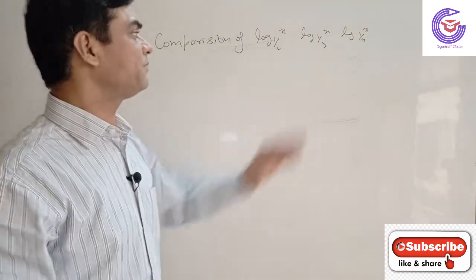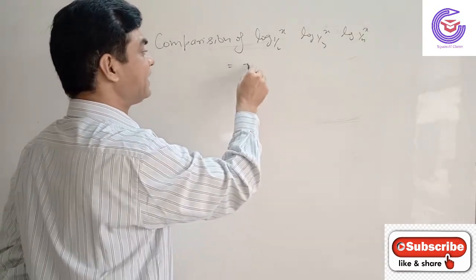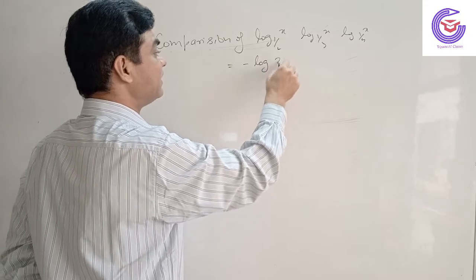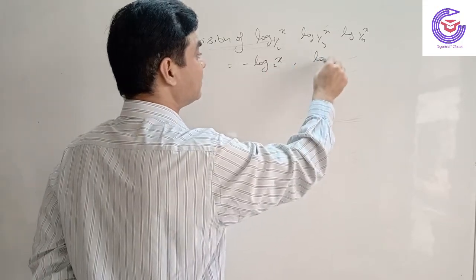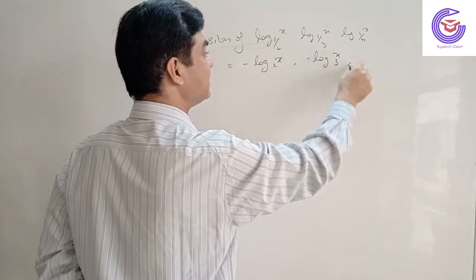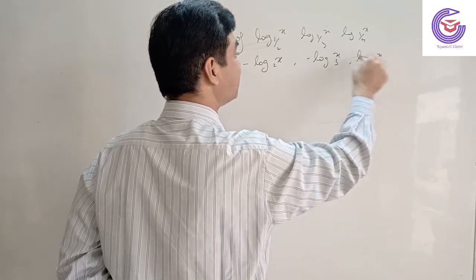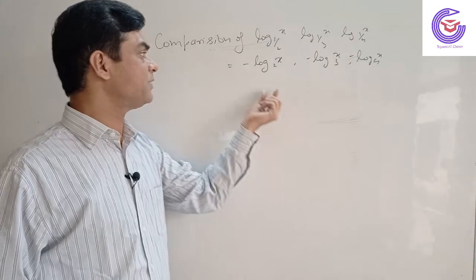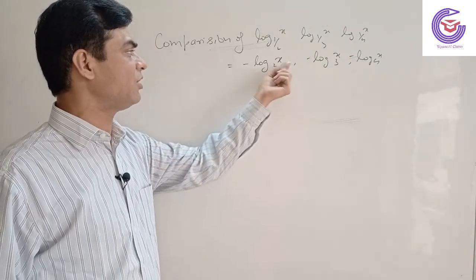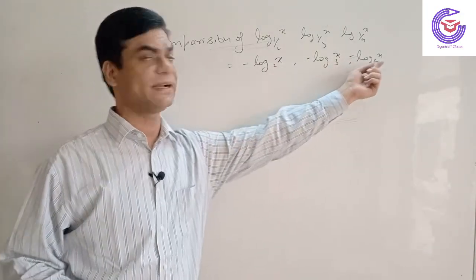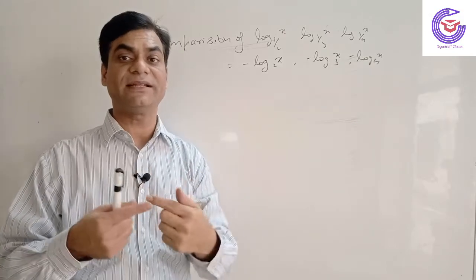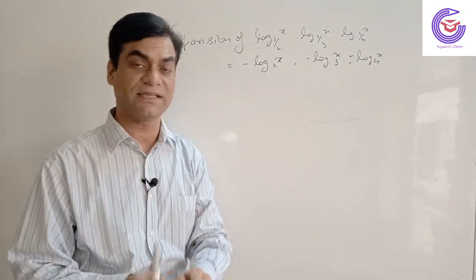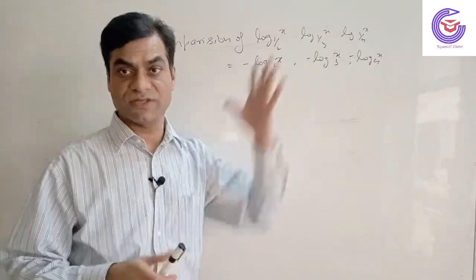To plot the graph of this using property, I can write this as minus log x base 2, minus log x base 3, minus log x base 4. So to plot the graph of this, let's plot the graph of again log x base 2, log x base 3 and log x base 4, and we will take the mirror image along the x-axis. That will give the graph of the minus one.